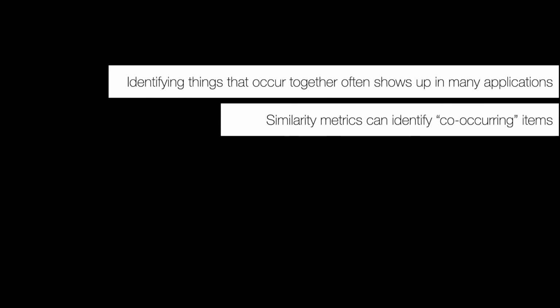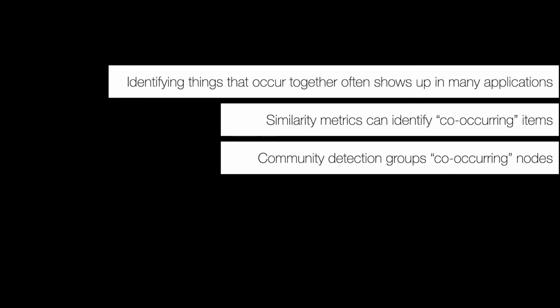In fact, chapter 6 of the book talks about this and why you might use that in the context of e-commerce, but the frequent item set mining that we'll do now is more useful in the context of brick and mortar stores. The idea of grouping together users or entities that exist in the same community is a similar kind of co-occurrence problem, where we want to look for quote-unquote communities that frequently co-occur together.